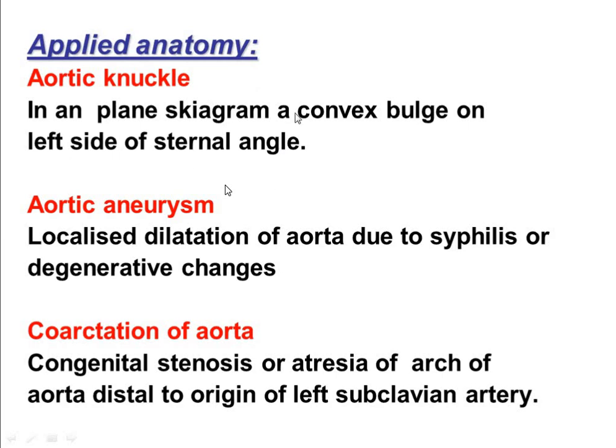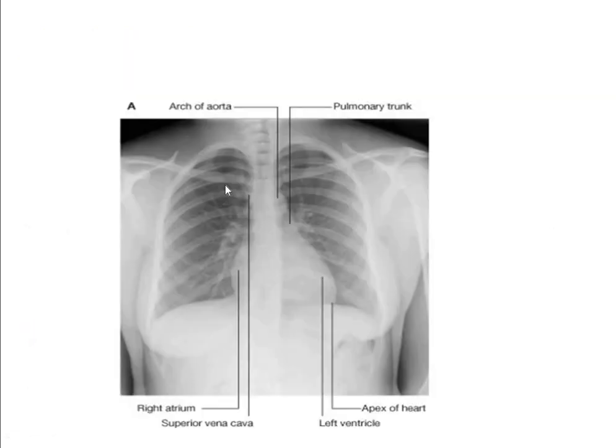And in the middle portion, you will see a whitish radio-opaque shadow of the mediastinum. In that radio-opaque shadow, obviously it's going to be the pericardium enclosing the heart and the great vessels. So in that, you will notice a convex bulge on the left side of the sternal angle. This is the PA view of the chest, radiograph of the chest.